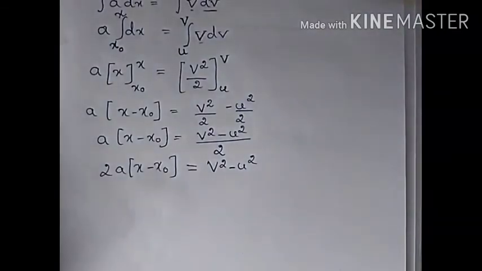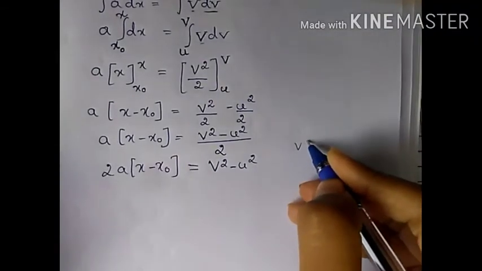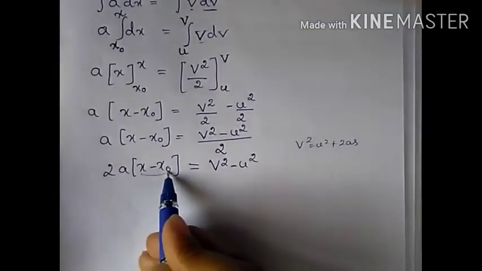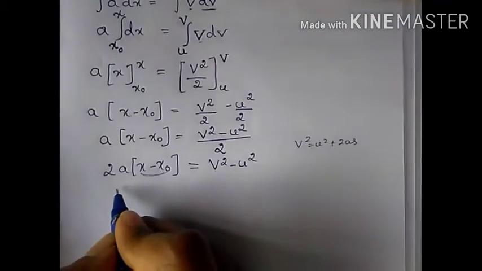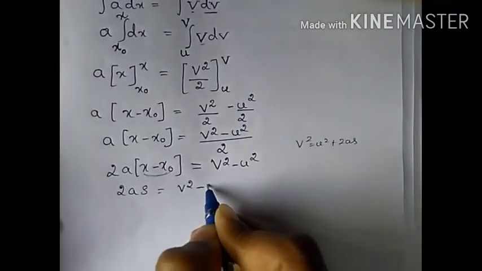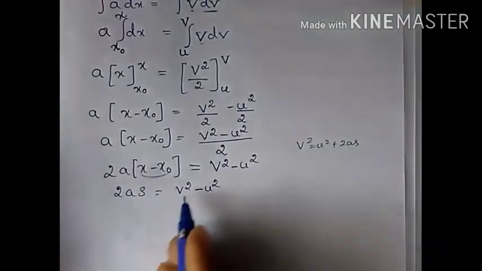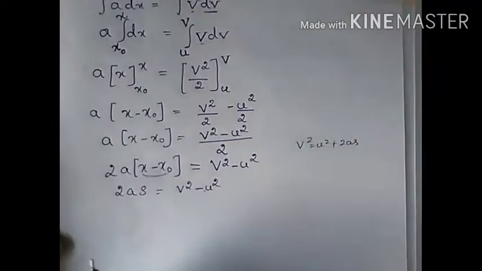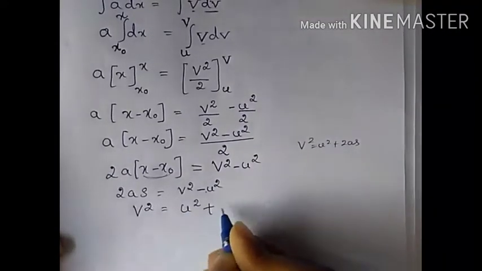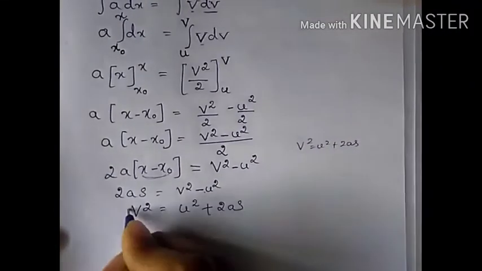So what was the equation that we were supposed to derive? We need v square is equal to u square plus 2as. This is written as 2as is equal to v square minus u square. If you send this u square to the other side, it becomes v square is equal to u square plus 2as.